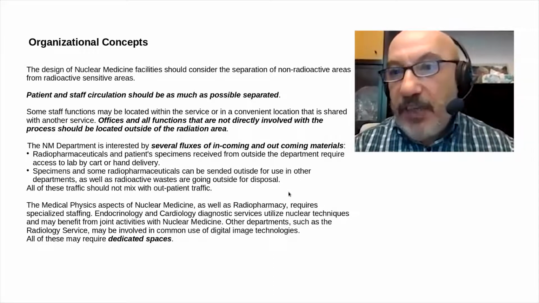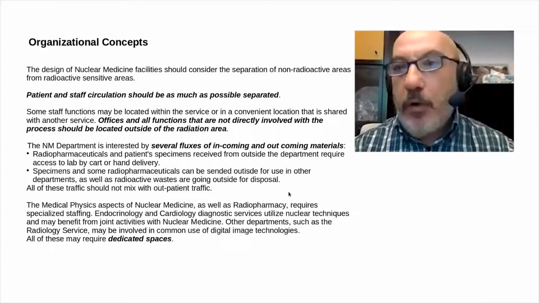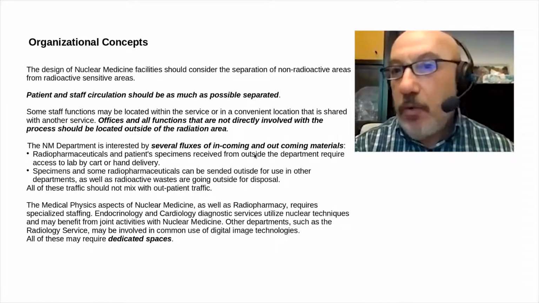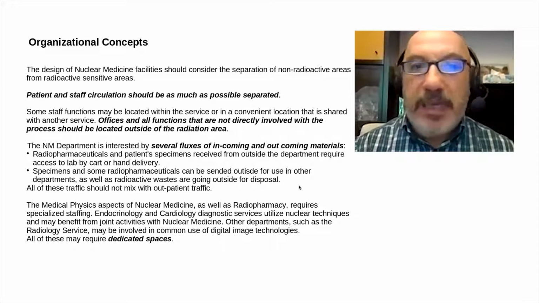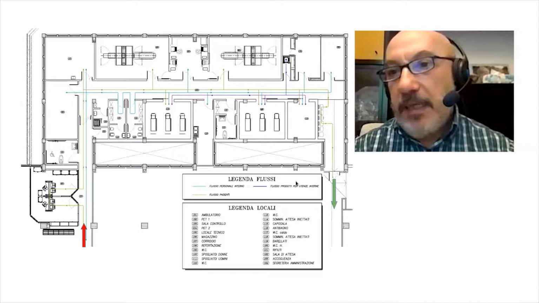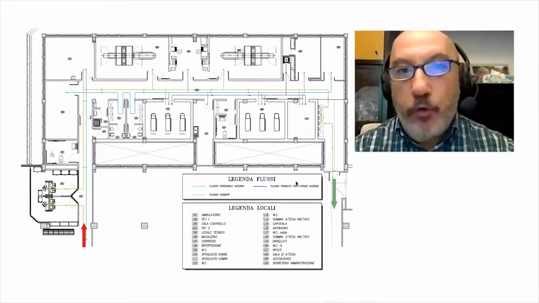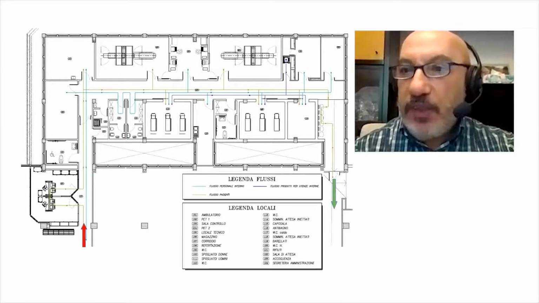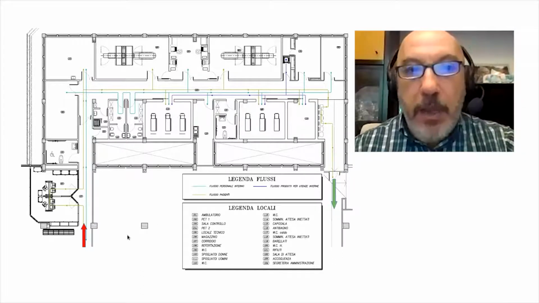For example, medical physicists may belong to a separate department, and we may have colleagues coming from radiology, radiotherapy, oncology, cardiology, endocrinology, coming to contribute in some way to an examination, so this type of staff may require dedicated spaces. So it is useful in the design phase of a department to try to imagine all these different fluxes of staff, materials, and patients, and draw them on a plan of the department.